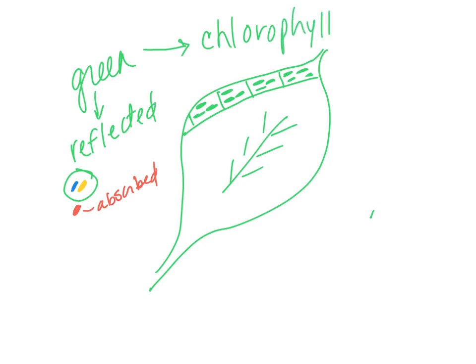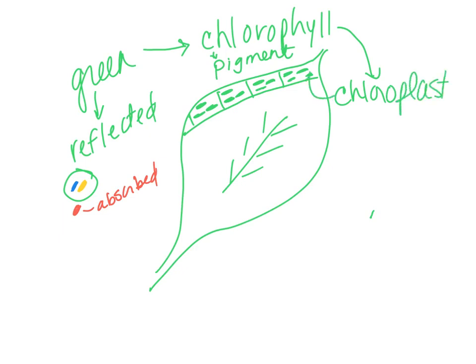Chlorophyll is a pigment that's found inside the chloroplast. So it's a green pigment we call chlorophyll, and that is found inside of the chloroplast, which are all of these green things.